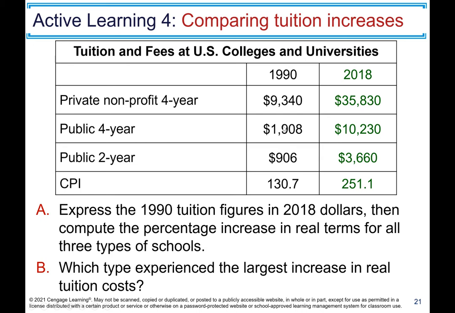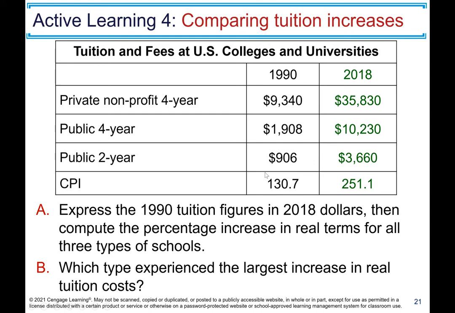Public four-year was $1,918 in 1990 and $10,230 in 2018. Public two-year colleges were $906 in 1990 and $3,660 in 2018.